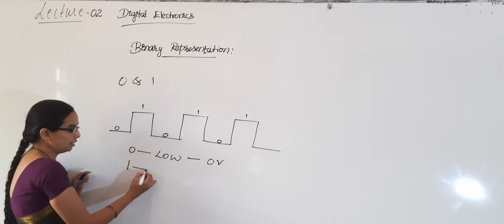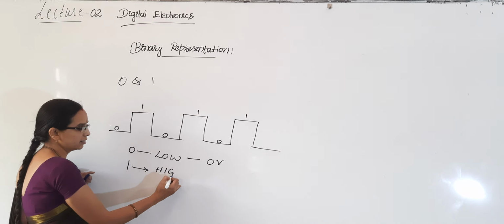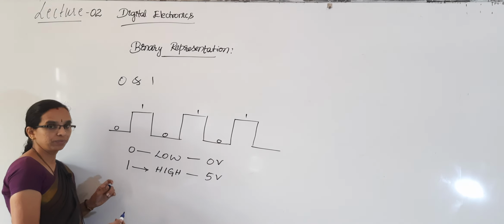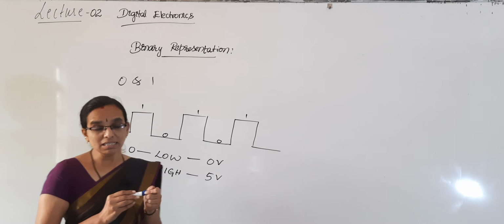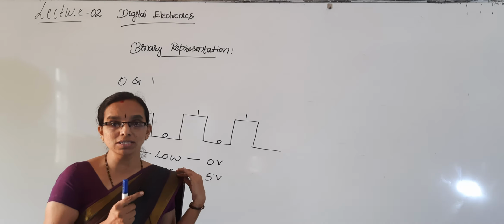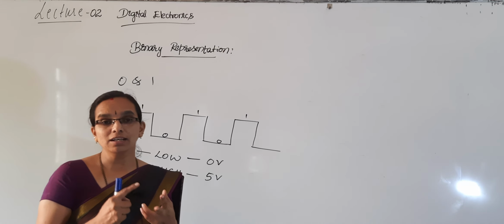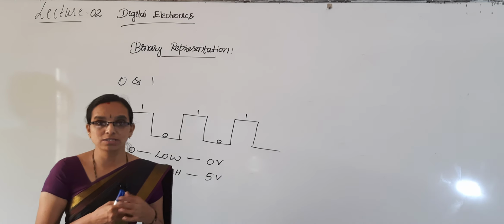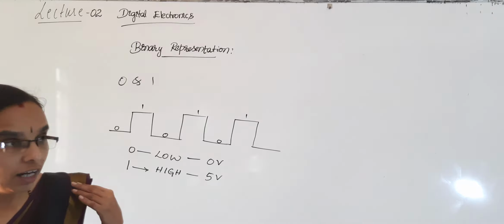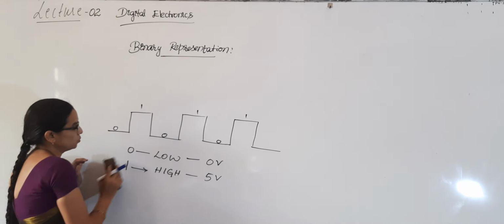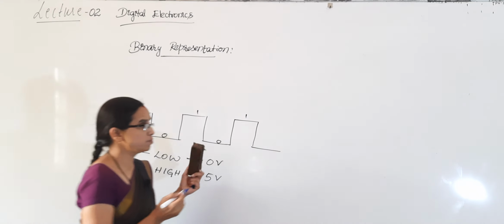If you take 1, that is the high state and the voltage is 5 volts. Okay, you have to remember this. For the 0 state or low state, it is 0 volts; for the high state or 1, it is 5 volts.